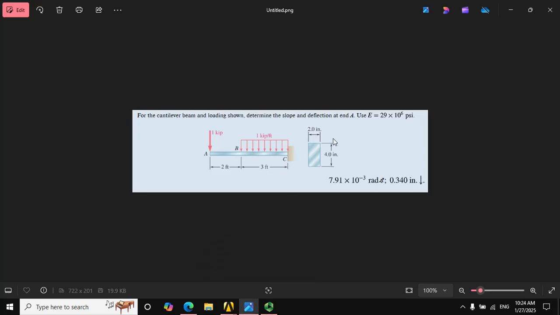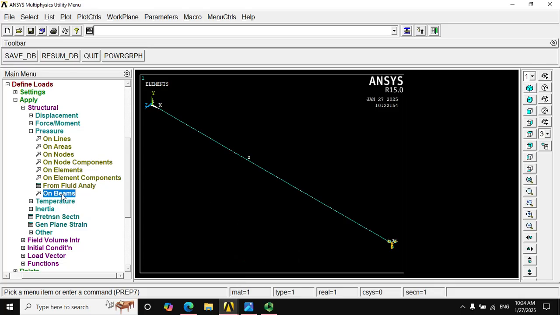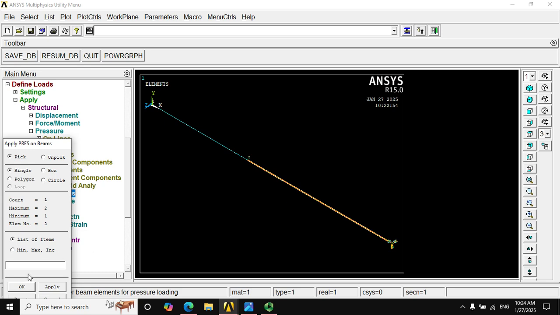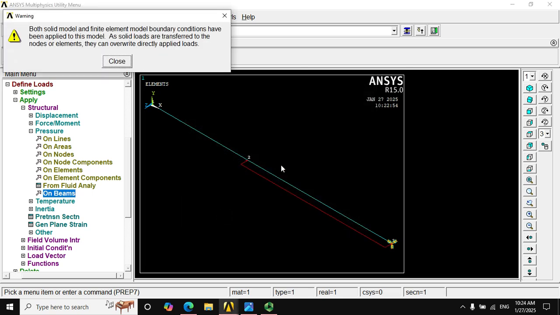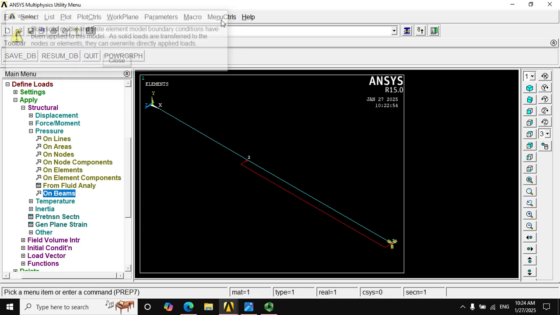This distributed load, which is 1 kilopound per foot, if you convert that to inches, is gonna be 83.33 pounds per inch. So we need to do that conversion, and then the pressure is gonna be applied in the negative Z direction.